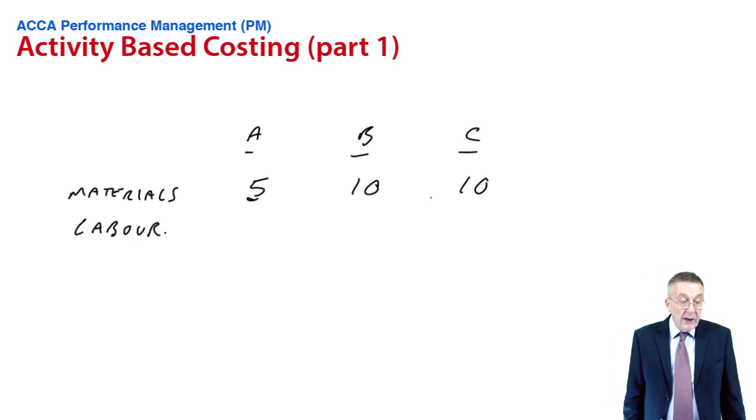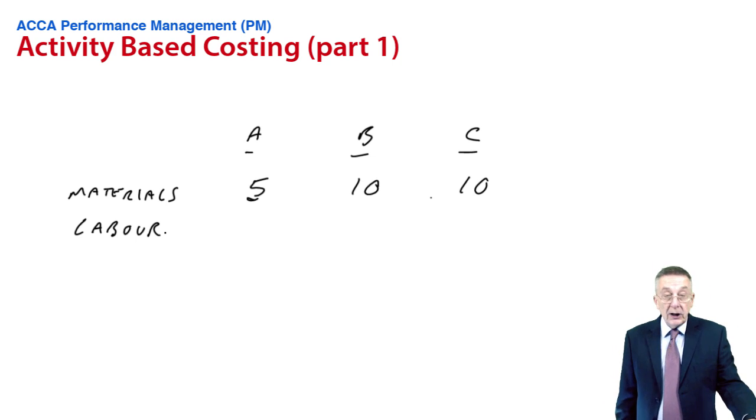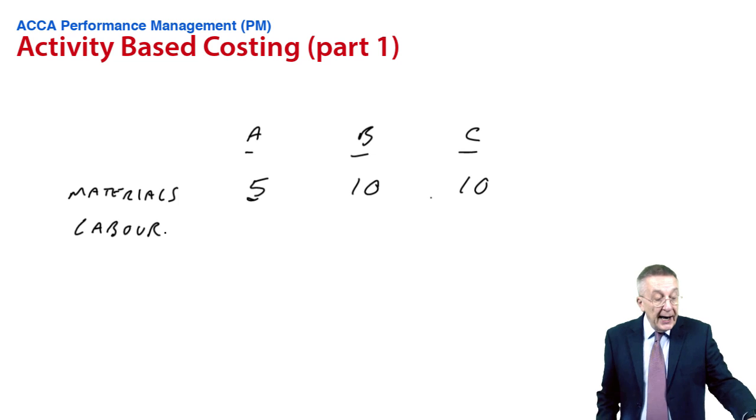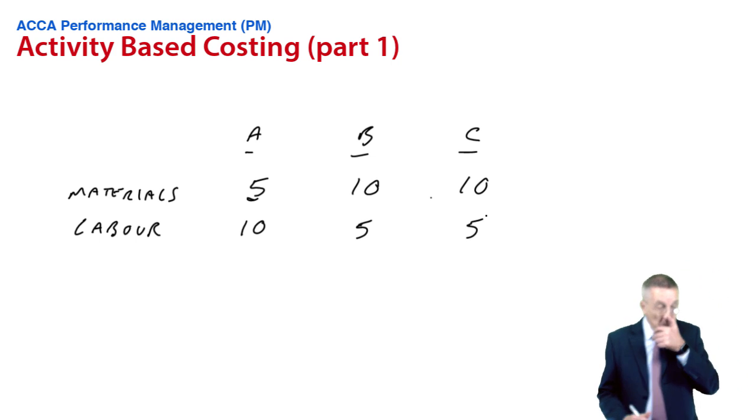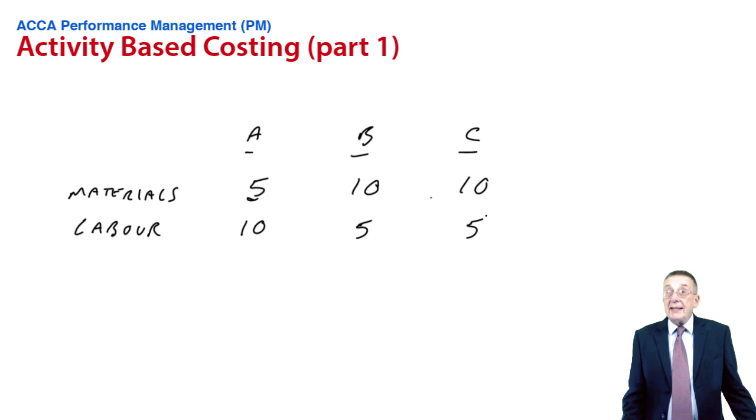They told us the hours per unit, but below we're told it's $5 per hour. So for A, 2 hours at $5 is 10. For B and C, 1 hour at $5 is 5. So far, nice and easy.